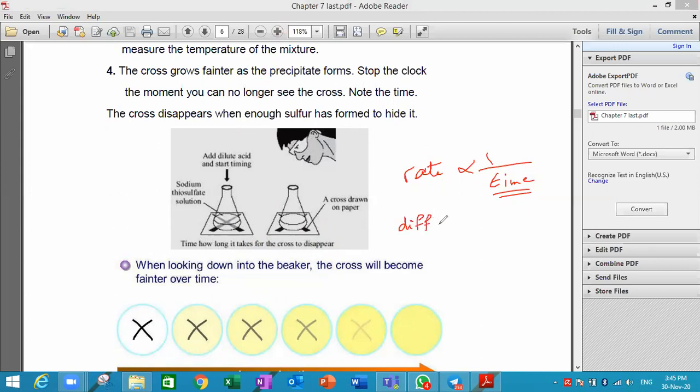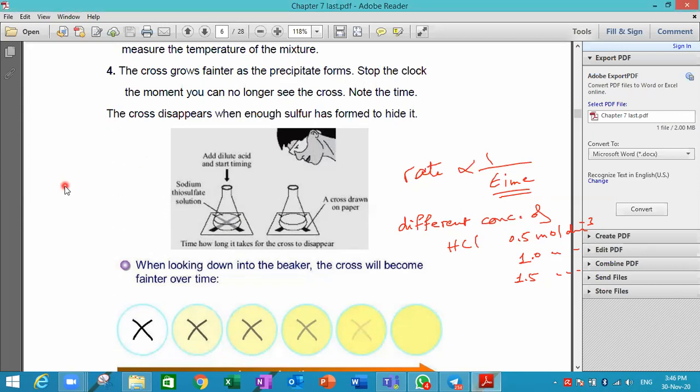At the beginning, we started with, for example, 0.5 mole per decimeter cube. Then we can change it to 1 mole per decimeter cube or 1.5 and so on. We change the concentration and see what happens to the rate of the reaction.